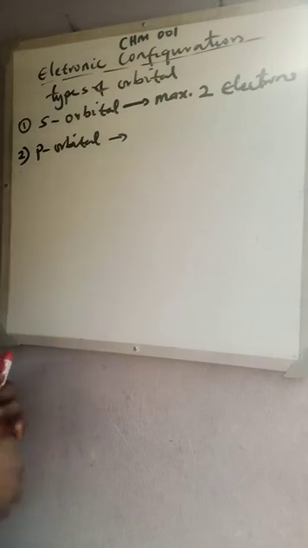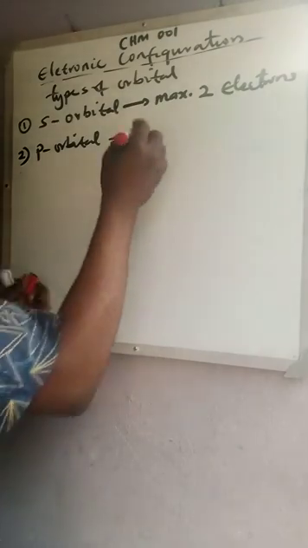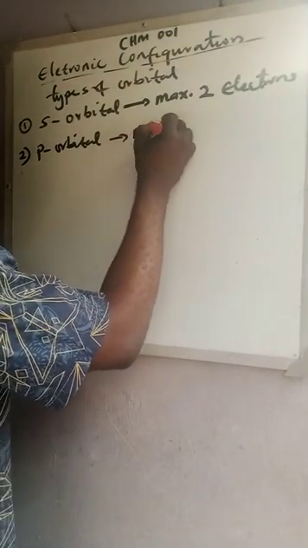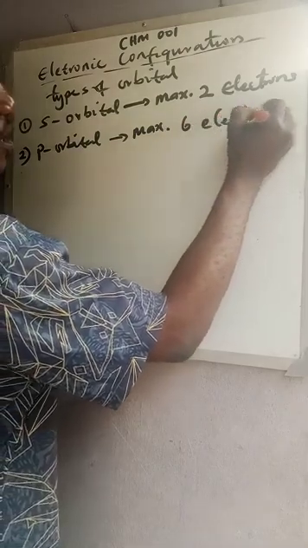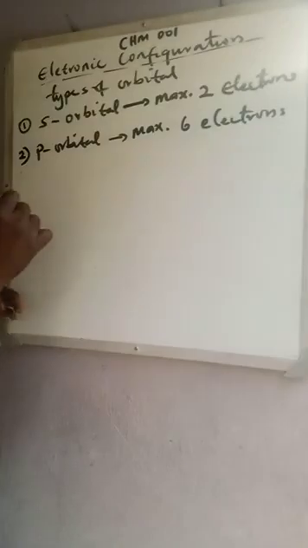The p orbital takes a maximum of 6 electrons.